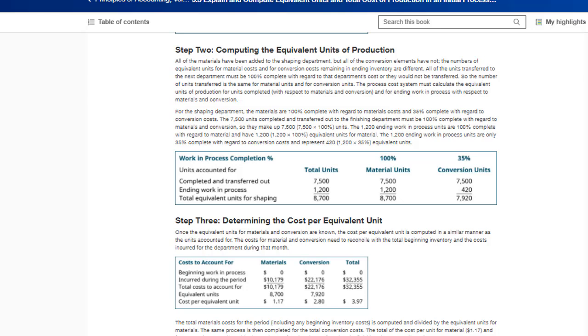It looks like only a little more than a third of those 1,200 gallons were pasteurized. And as a result, the pasteurization conversion process is only a little bit more than a third complete. That's why we have only 420 of the 1,200 units in ending work in process showing up in the conversion column.